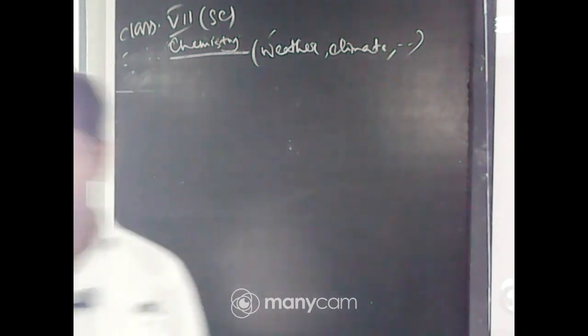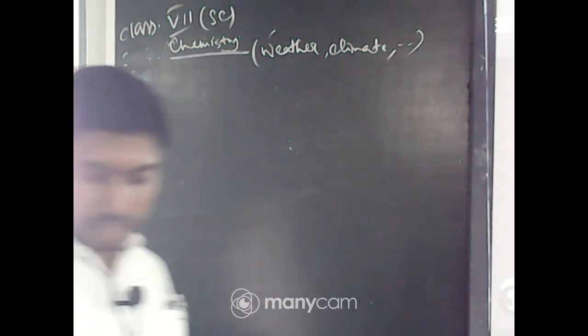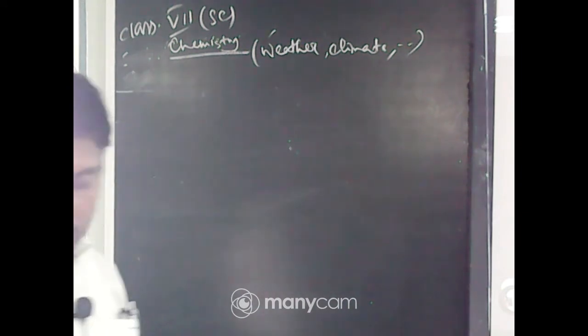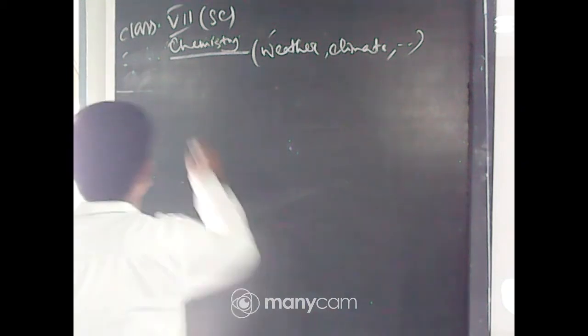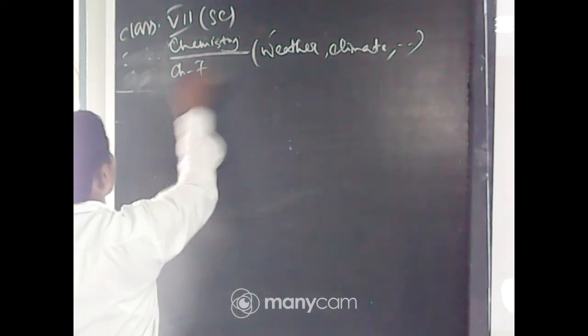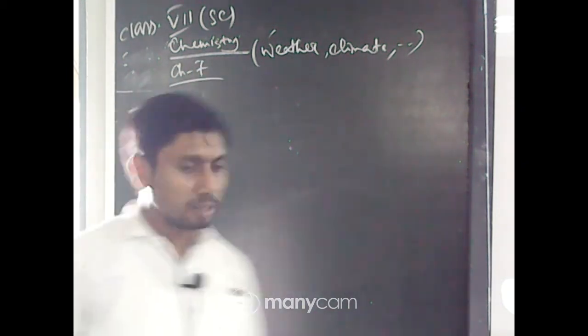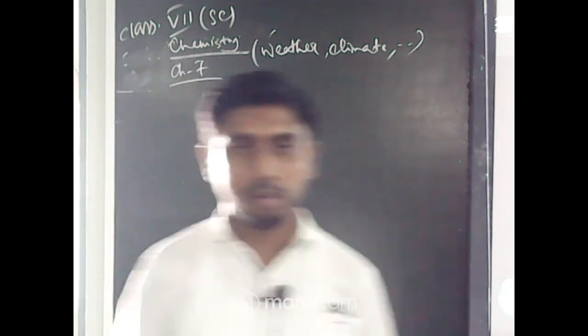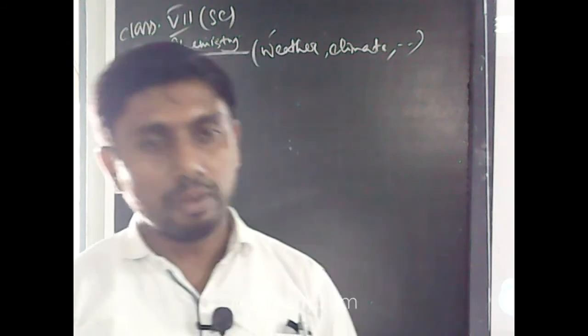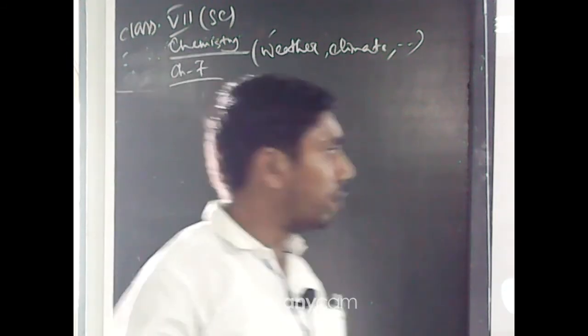Okay. I have started the chapter that is weather, climate and adaptation of animals to the climate, which is chapter 7. Last day I told you what is weather and what are the elements of weather.